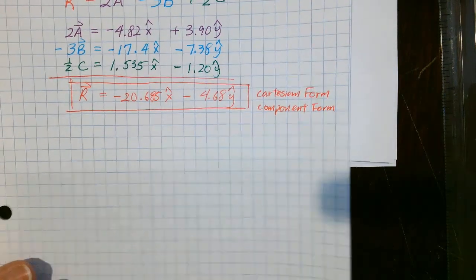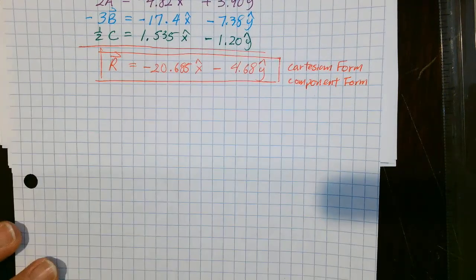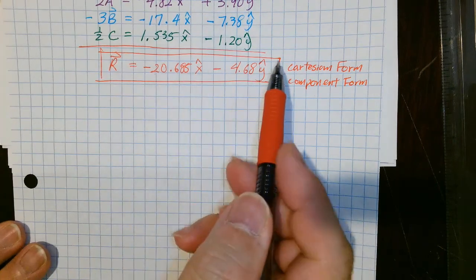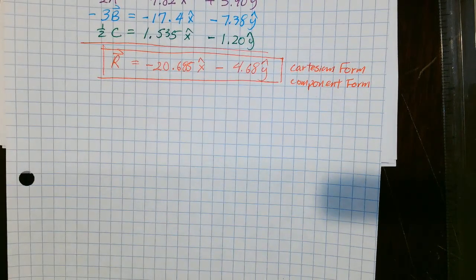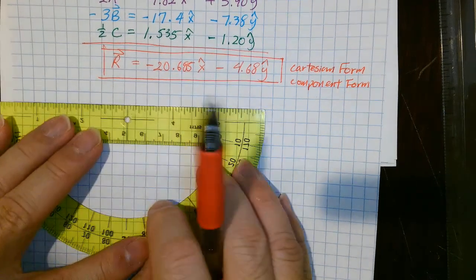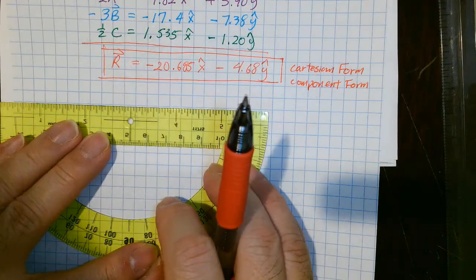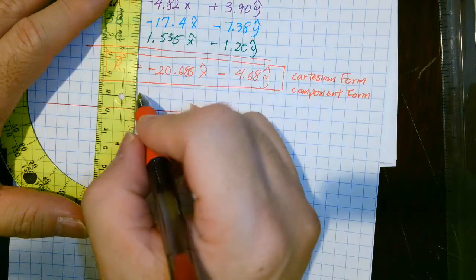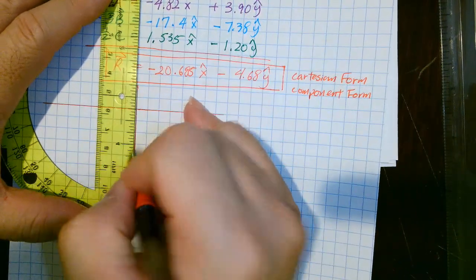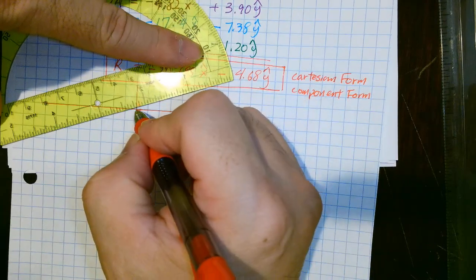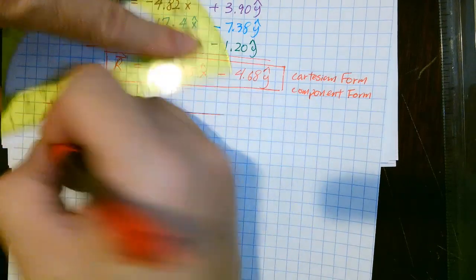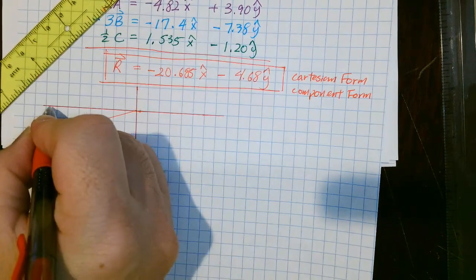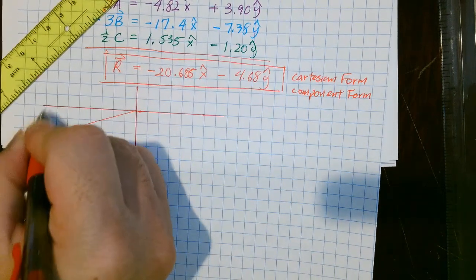Now to give a polar form. Well, this looks like it's in negative x, negative y, so it's in the third quadrant. If I sketch this out roughly just to visualize, it's going to be somewhere in the third quadrant, with negative 20 in the x direction and only negative 4.6 in the y direction.